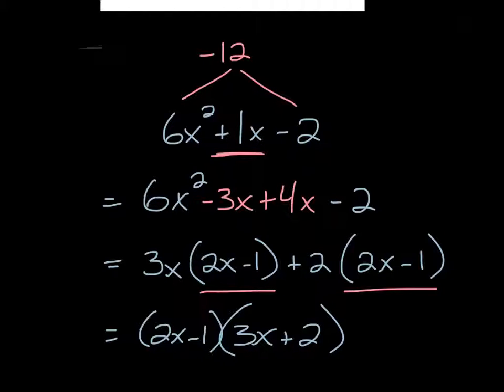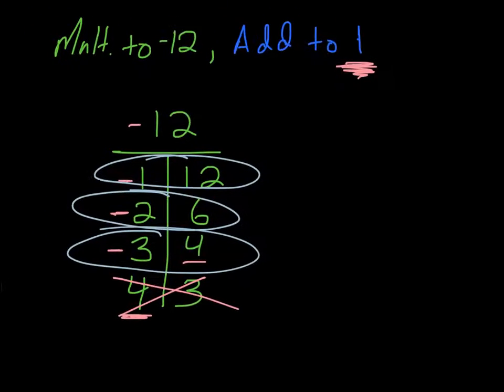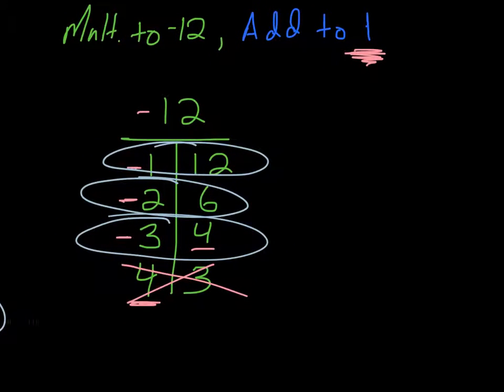So just in recap real fast, the key part of this conversation is finding the numbers I needed to split up this middle term. It's always a side game, so I'm looking for two numbers that multiply to be this negative 12 and add to be this positive 1. When doing that, always focus first on the multiplications and the factor pairs. Again, depending on the size of the number, this can be a larger list, obviously, but this is a way to always get to it.